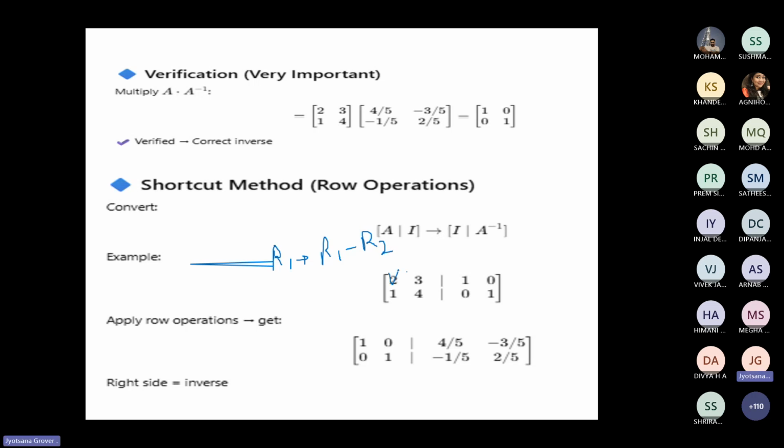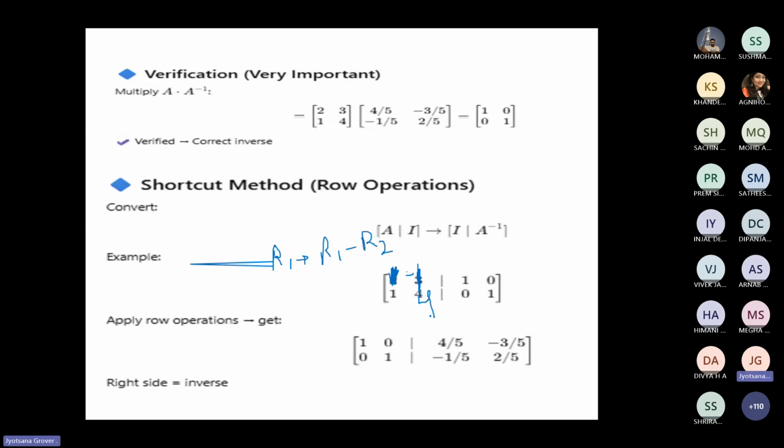So okay, you will get 1 here. Here you'll get minus 1. 1 here. 3 minus 4 is minus 1. So it's not identity. Again, we'll have to do it.